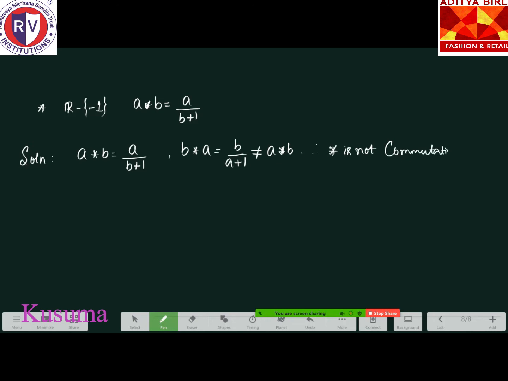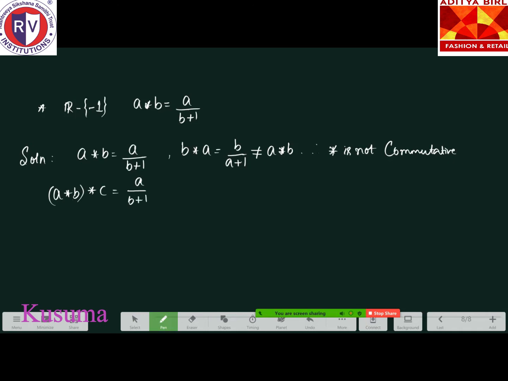Let us see what happens to associativity. First, I'll consider (A star B) star C. So we know that A star B is a by b plus 1.